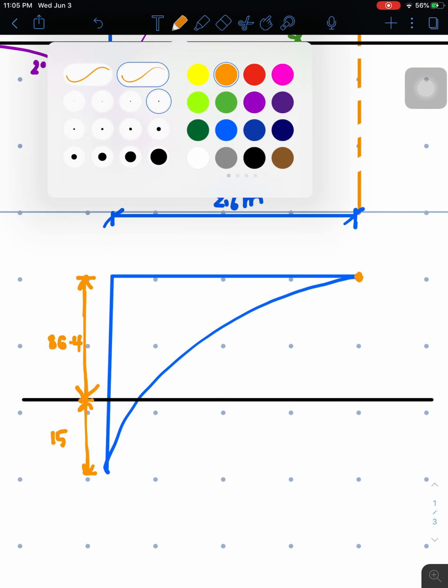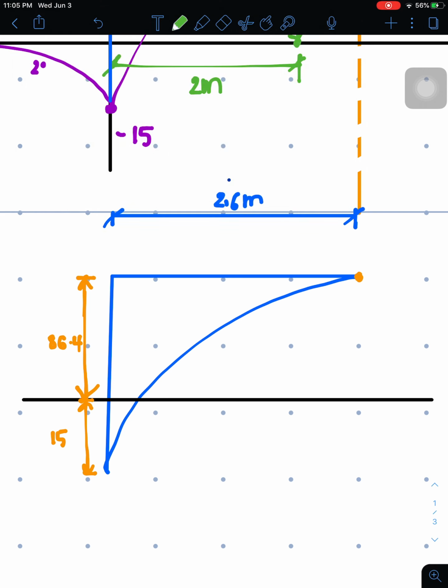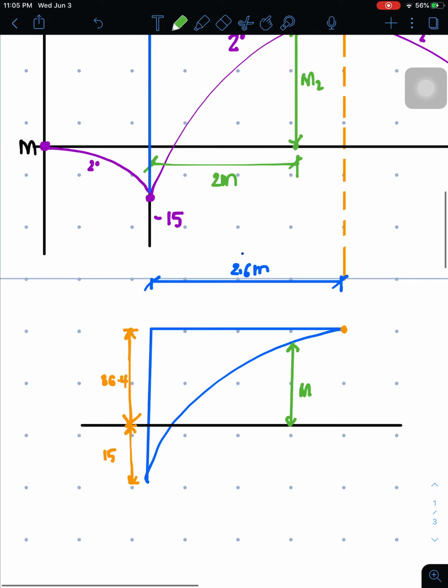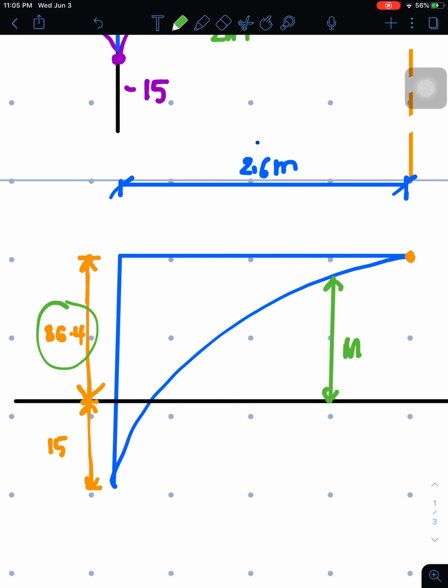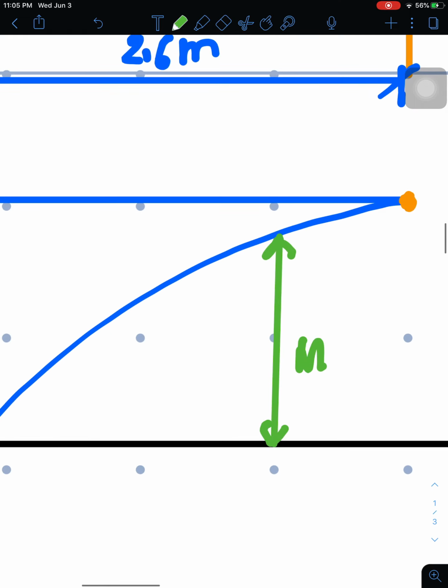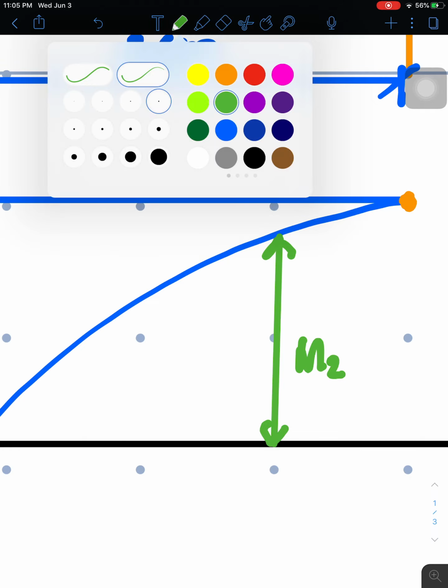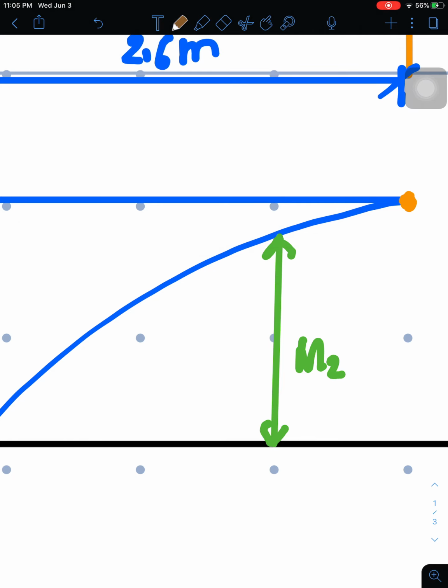And then here is the moment. Let me draw this moment. We need this moment, M2. So how do we solve M2? We need this distance or height, 86.4, to obtain M2. So let's draw M2, and also another height, here.